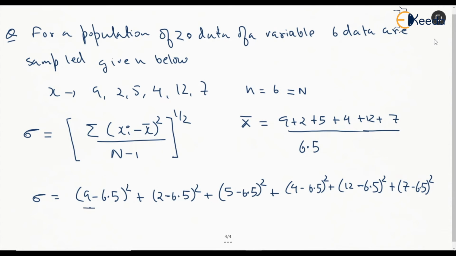Sum of all divided by n minus 1, which is 5.